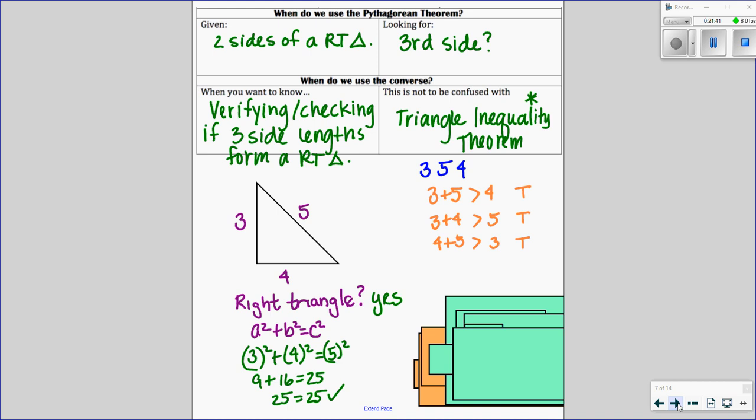You need to remember that the converse for a right triangle is different from the triangle inequality theorem. You use the converse in order to find out if the numbers that they gave you form a right triangle. But if you want to know if 3 sides can create a triangle, then you use the triangle inequality theorem.